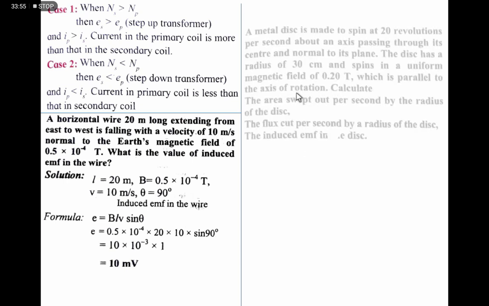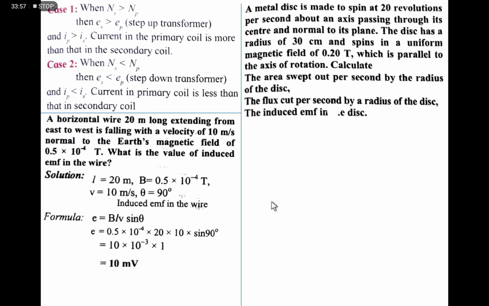Now the next example. A metal disc is made to spin at 20 revolutions per second about an axis passing through its center and normal to its plane.